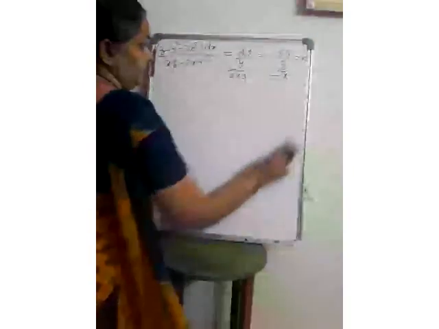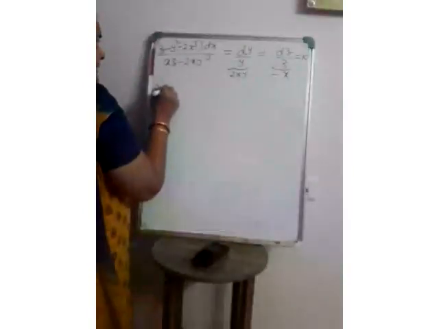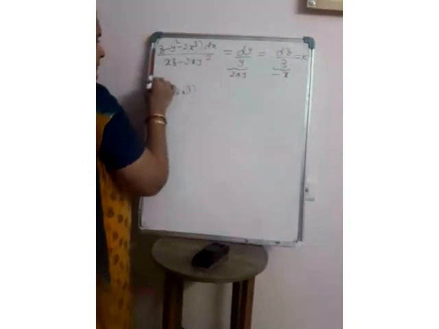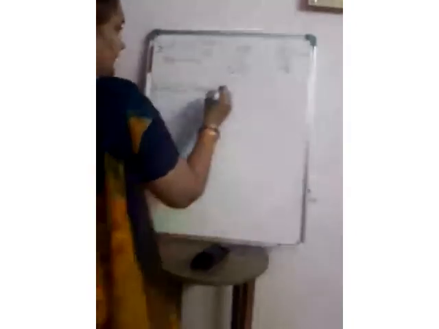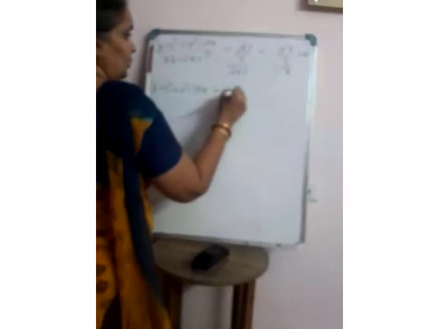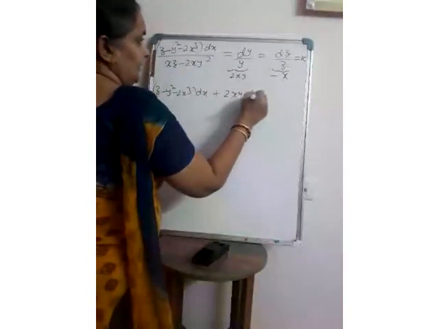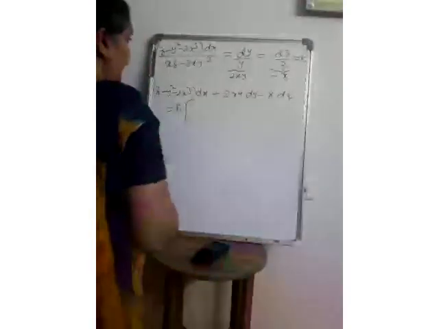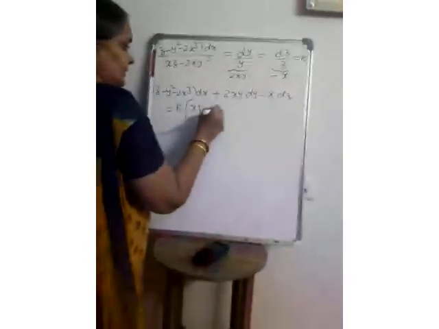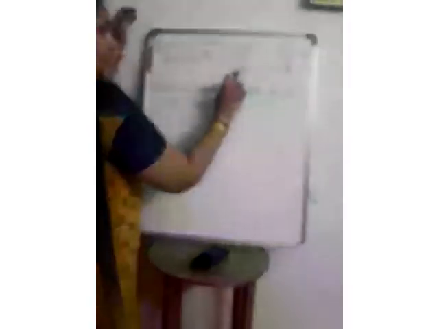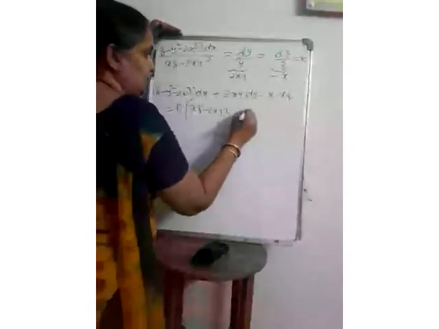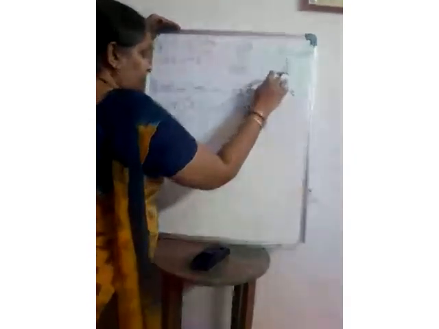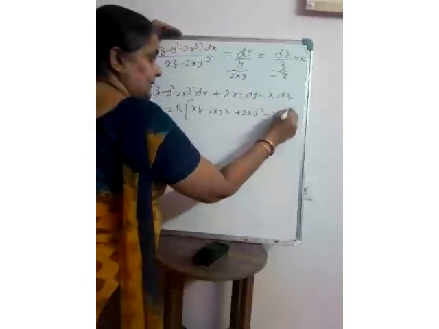Okay, we check. (z minus y square minus 2x cube) dx plus 2xy dy minus x dz. The dx term is xz minus 2xy square. They should be multiplied with 2xy, so plus 2xy square. They should be multiplied with minus x. It is becoming 0.